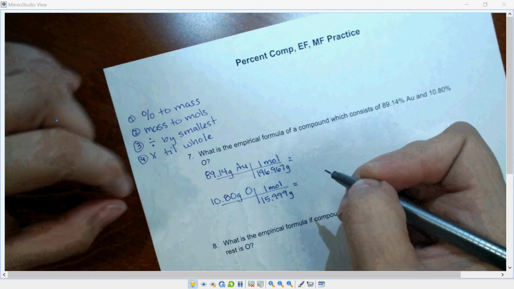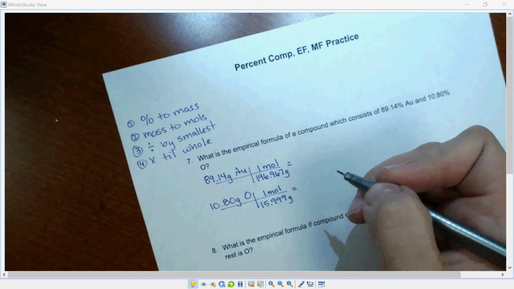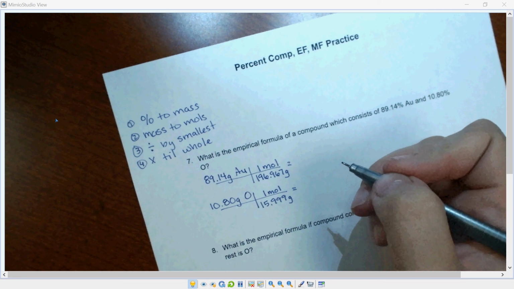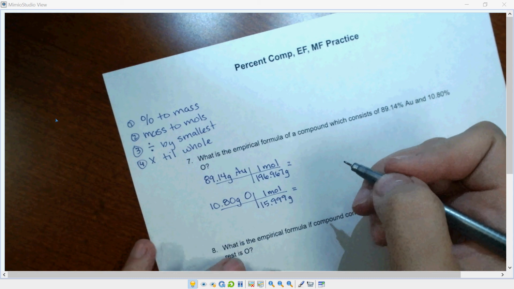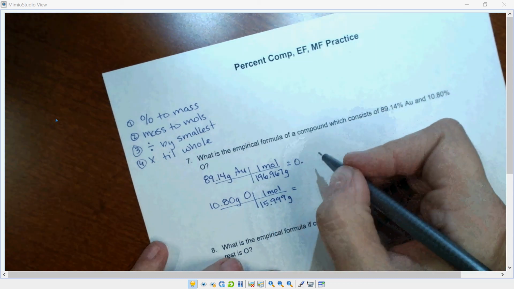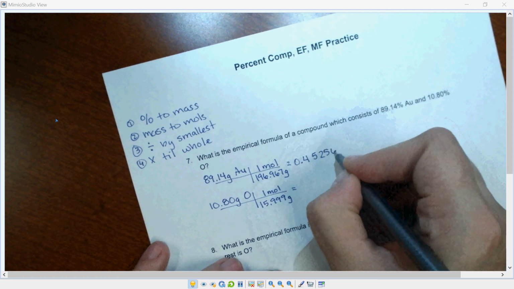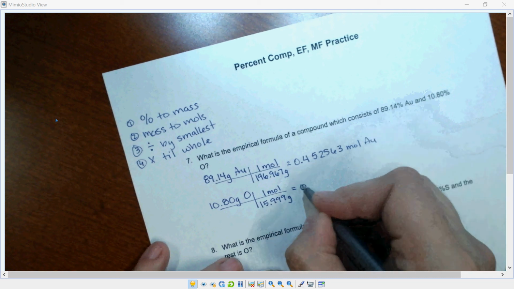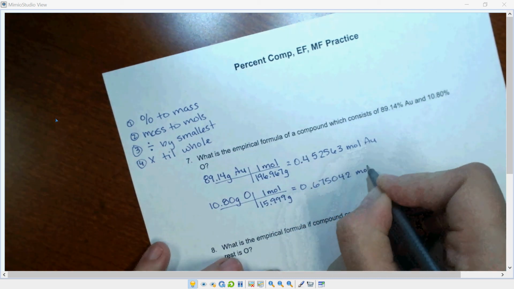So when I divide those out, I get some numbers. And at this step, you're going to want to carry your numbers out about 5 or 6 decimal places, because the more decimal places you carry out this data, the less trouble you're going to have later on. So we get 0.452563 moles of gold and 0.675042 moles of oxygen.